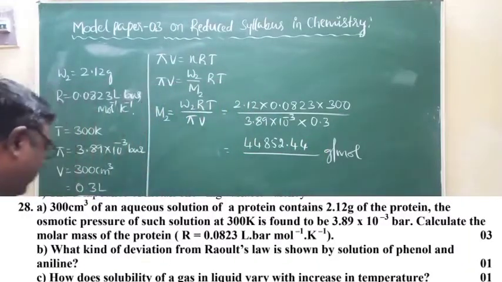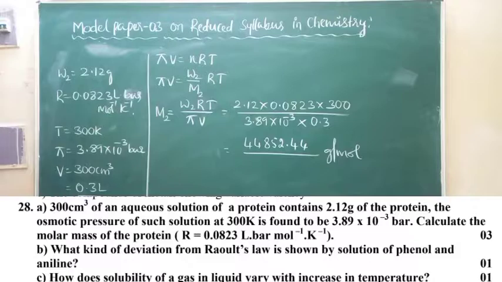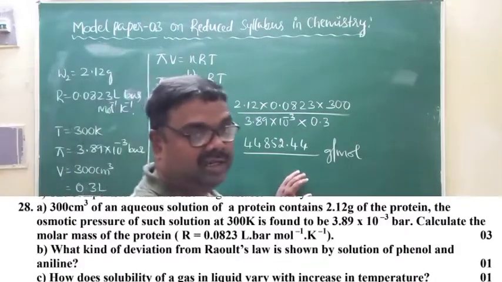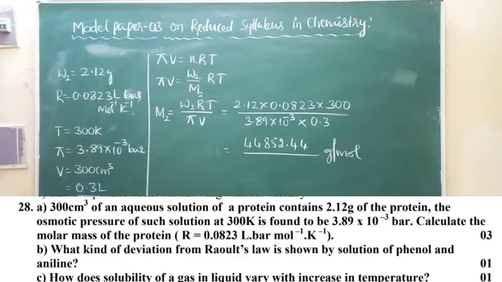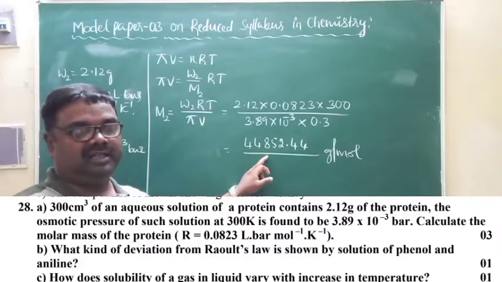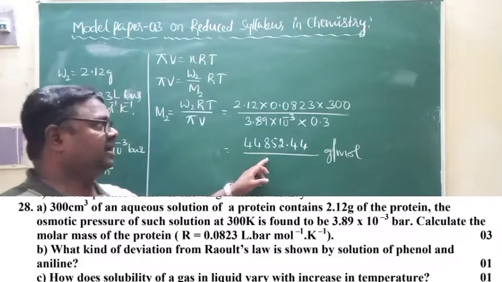That is the molecular mass. Generally, the molecular mass of proteins will be greater than 10,000, so 44,852.44 gram per mole is the molecular mass of the protein.